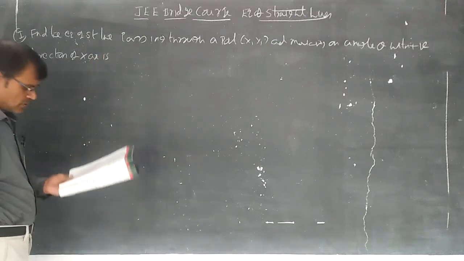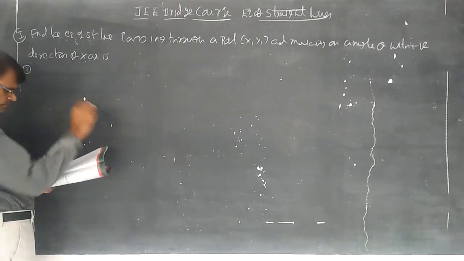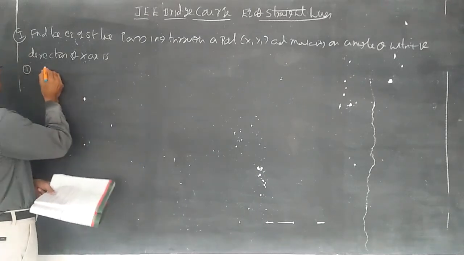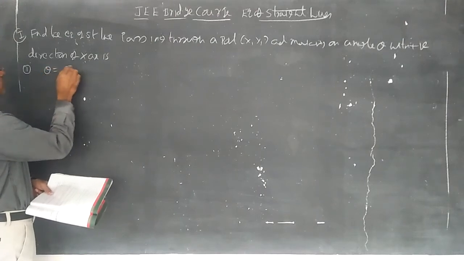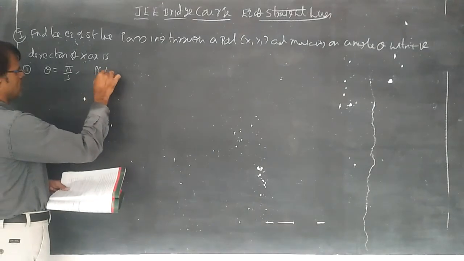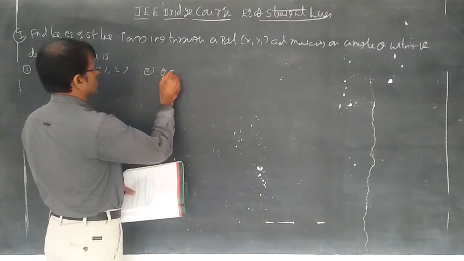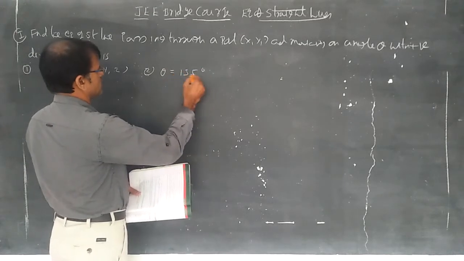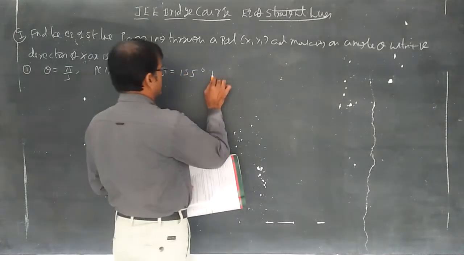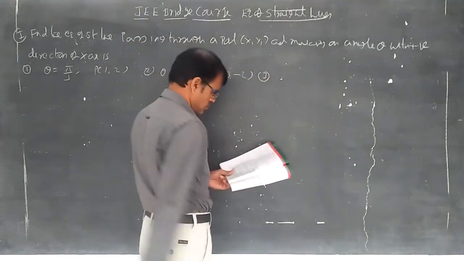So, like that, 3 sums are there. Theta is equal to pi by 3, point P 2, 1. Second one, theta is equal to 135, point P 3 comma minus 2.